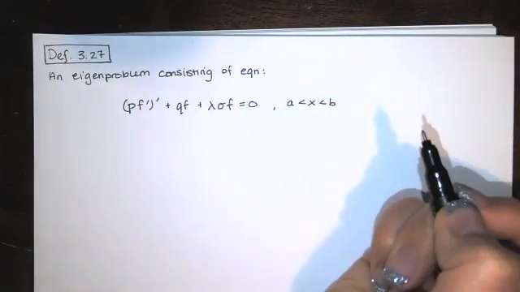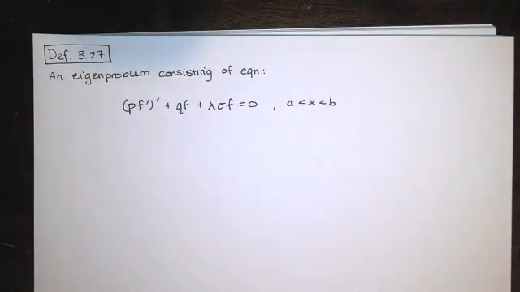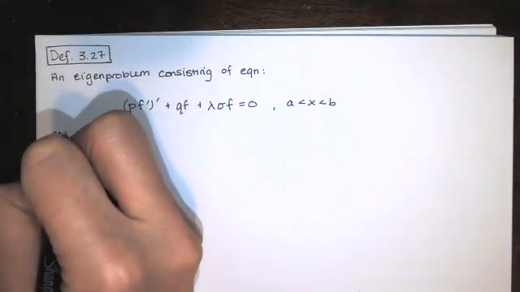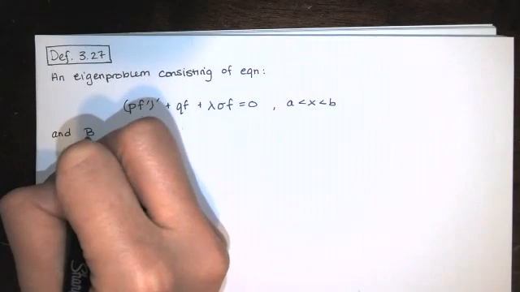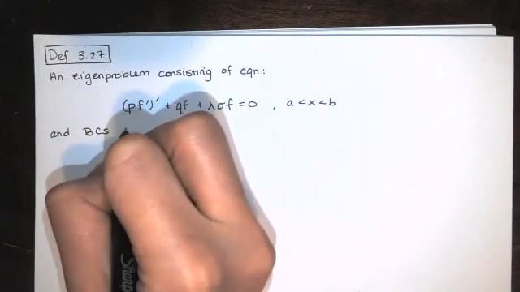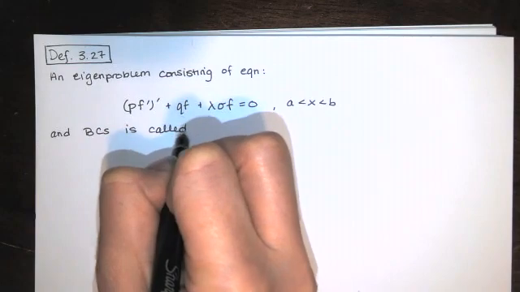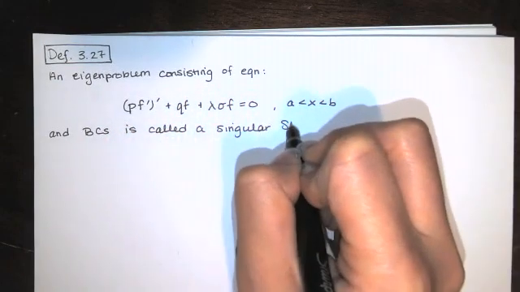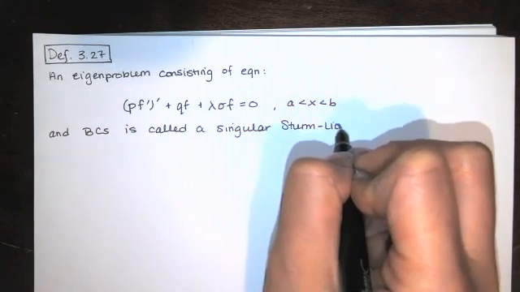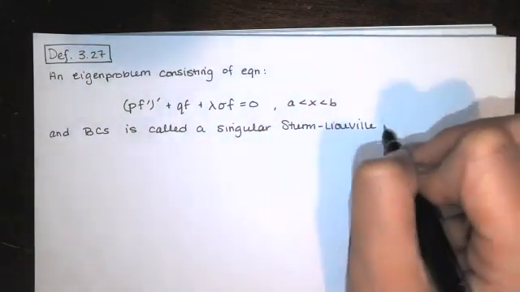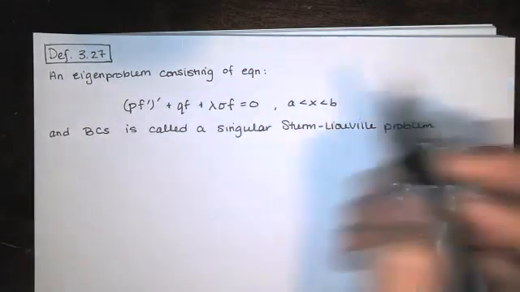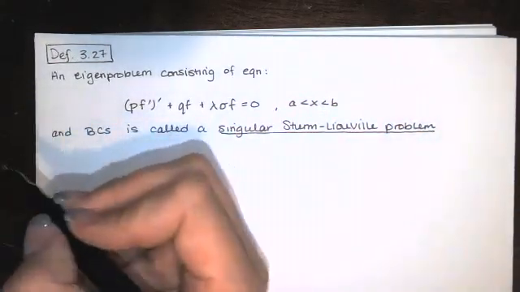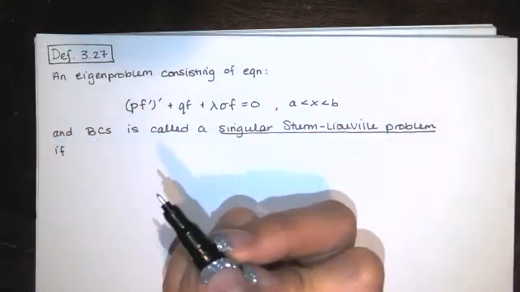So it's the same differential equation as in our regular Sturm-Liouville problem. This is an eigenvalue problem consisting of this equation and boundary conditions. It is called a singular Sturm-Liouville problem if one of the following is true.